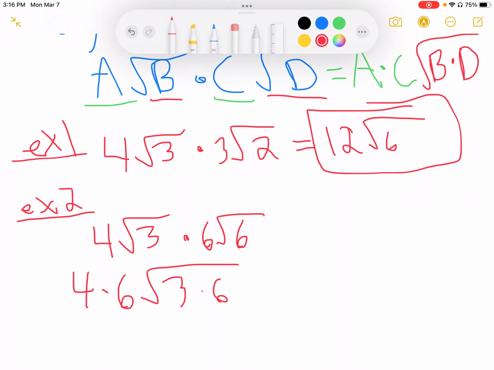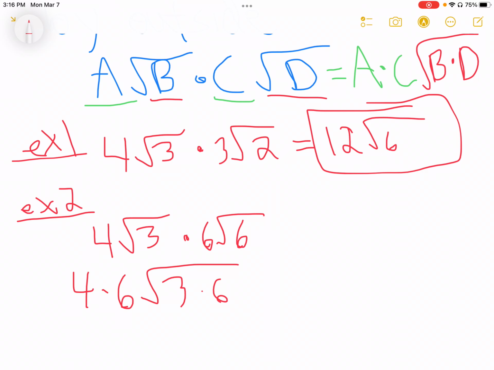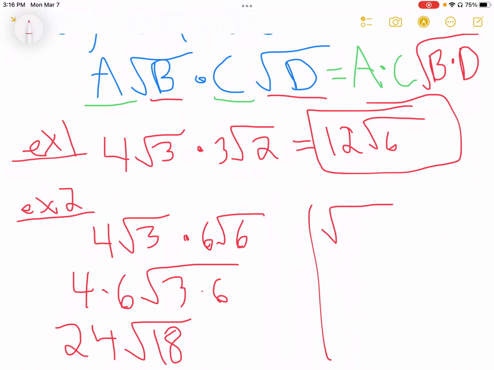And then I can write 24 square root of 18. Now, this isn't the wrong answer, this is the right answer, but sometimes we want to simplify our answer. What we can simplify is the part that's in the square root, because 24 is just the number 24.